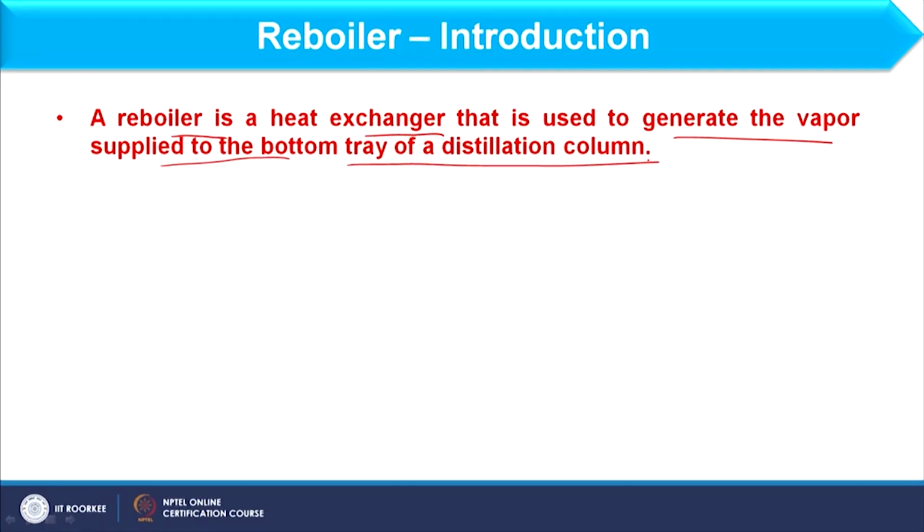As far as type of equipment is concerned, it is basically a heat exchanger, and it is specifically used to generate vapor from the liquid which is exiting the distillation column from the bottom, and it enters into the reboiler where it is converted into vapor, and the vapor returns back to the distillation column, right.